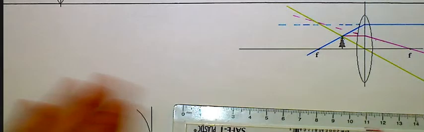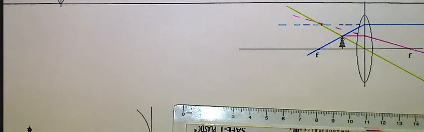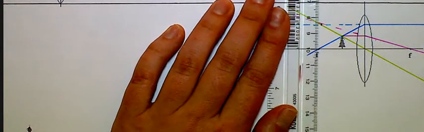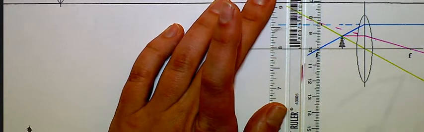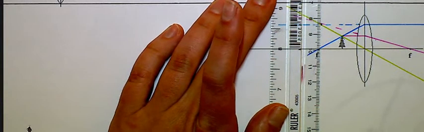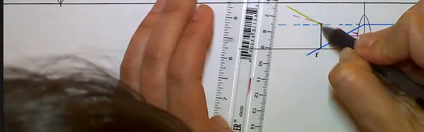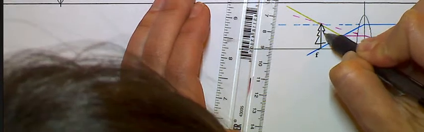Alright, and it looks like they all cross right about there. Okay, now I need to go ahead and draw my actual image. I'm going to draw the tree trunk right down the center. Okay, making sure everything is nice and parallel. And you've got to actually replicate your image. Don't just leave it as a dot.